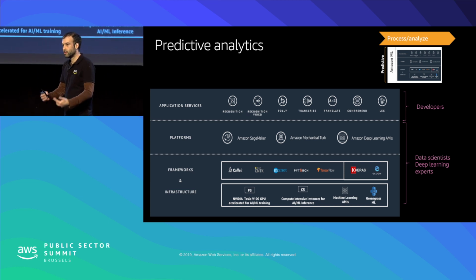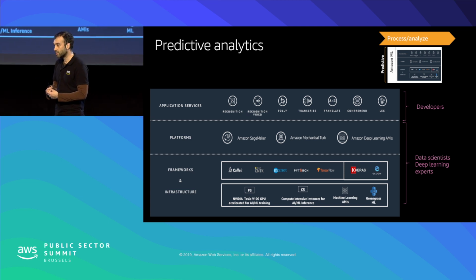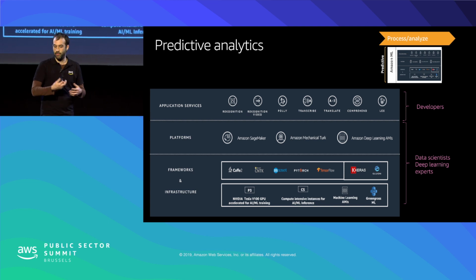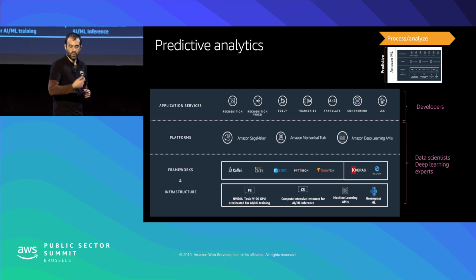The platforms help those machine learning experts do tasks, giving them a Jupyter notebook, a familiar interface, and then you can use the SageMaker API to create, for instance, models, and then deploy the model. So it's one place where you can do all your machine learning tasks.